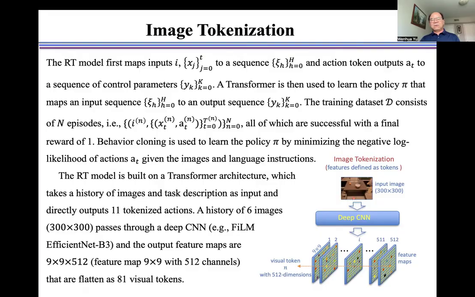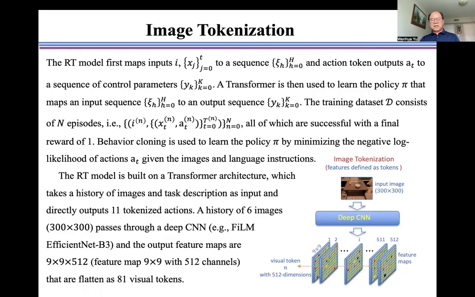images and language instruction. The RT model is built on a transformer architecture, which takes a history of images and task description as input and directly outputs 11 tokenized actions.